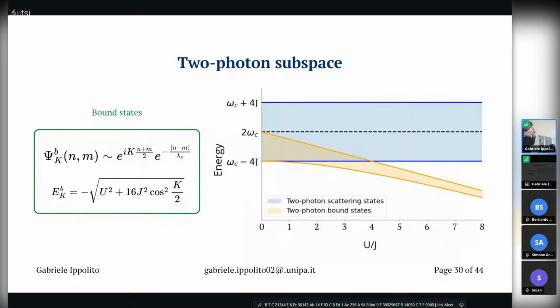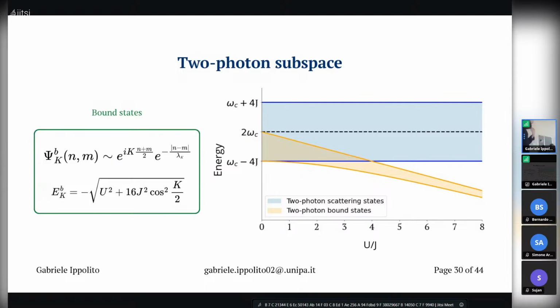Very quickly, we are interested in the formation of 2-photon bound states. Why this? Because in the article of Peter that I was citing before, Peter et al. studied the formation of 2-photon bound states as a second-order process, in which in the coupled cavity array they needed at least 2 emitters linearly coupled with the field.